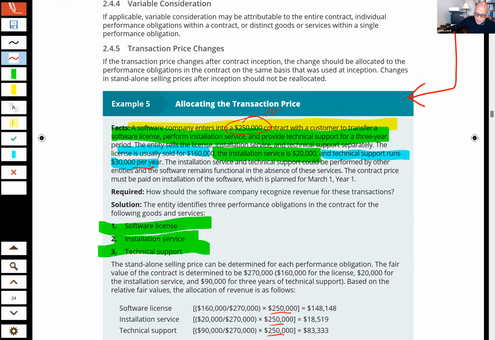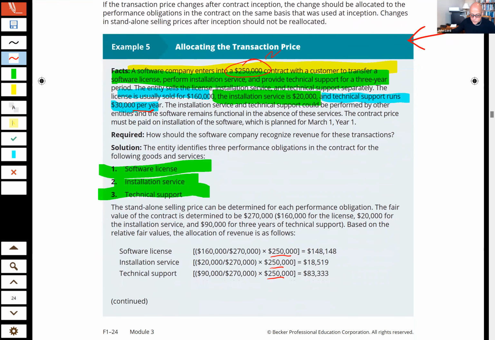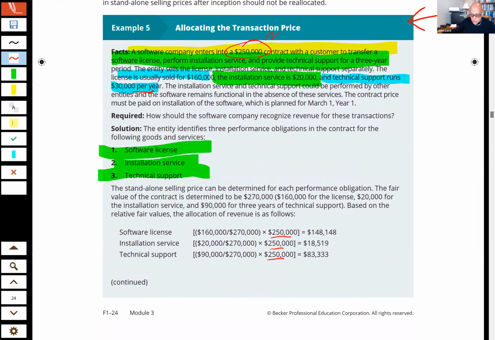Now they tell us they want to see how the software company should recognize revenue, and we have 3 performance obligations. This part was labeled as though it was under the solution, but this would be additional information you would need to solve this problem, because they tell us that the fair value of a contract like this is $270.